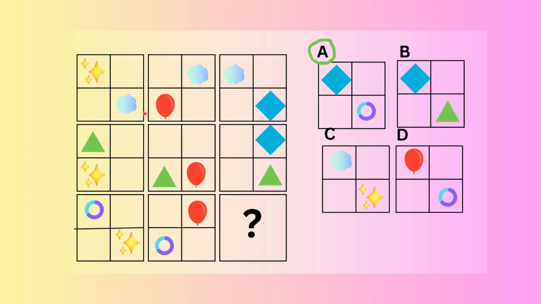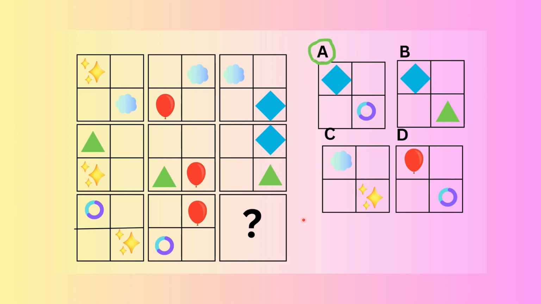So we have 1 cloud and then 3 clouds in these 2 rows. So 1, 2, 3, we have 3 of them, and in this one as well, 1, 2, 3, in these 2 rows we have 3 triangles. Here we have 1, 2 circles, but we are missing 1 circle, and we are missing 1 kite shape.